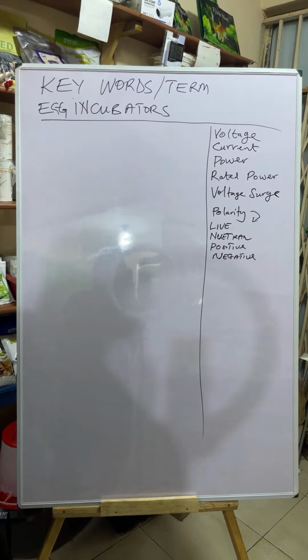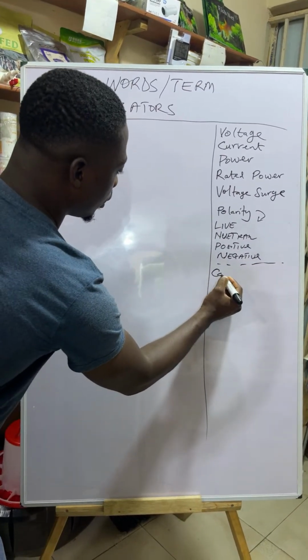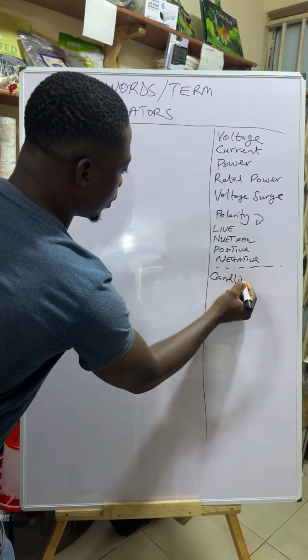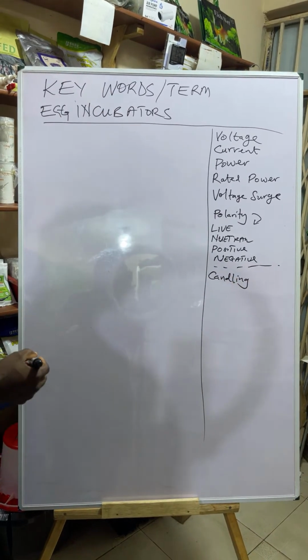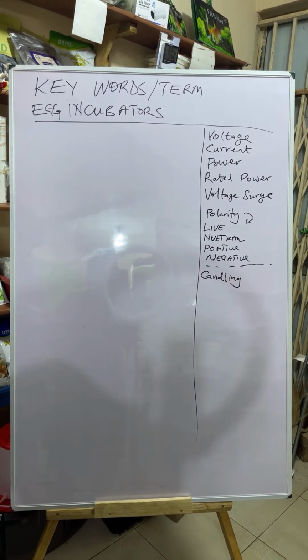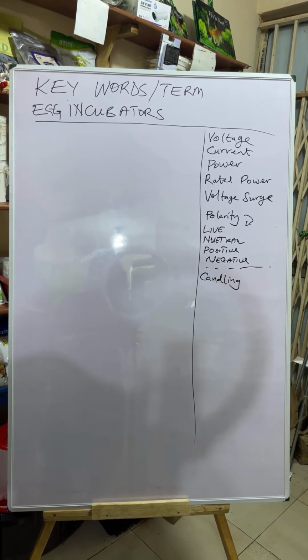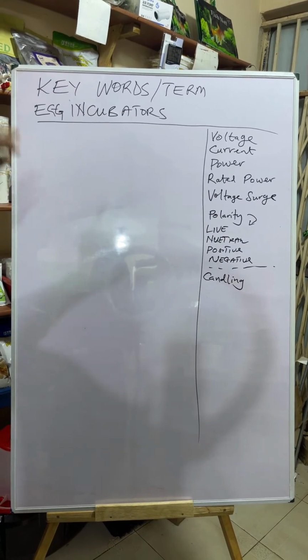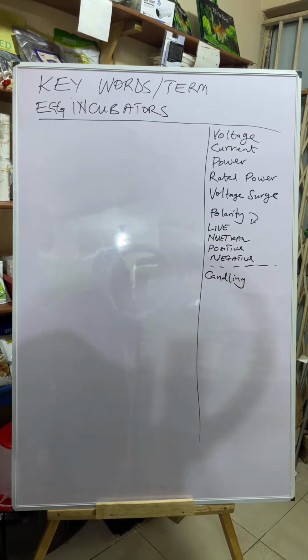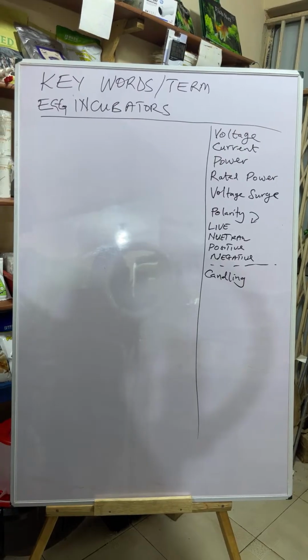And then you come across candling. We explained incubation period and hatching period. We explained the differences, and then as we move on, I'll add some to the list. If you know some of them too, you can let us know.